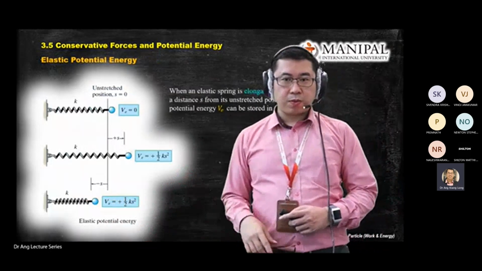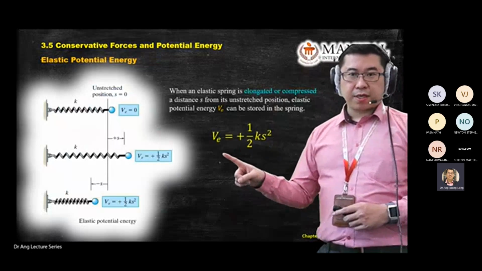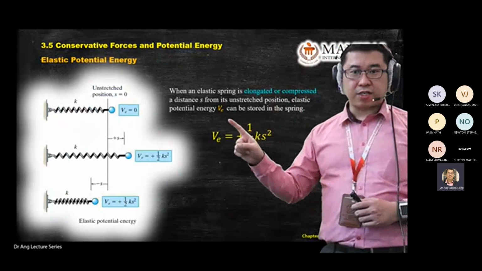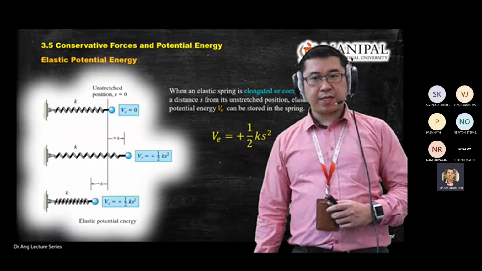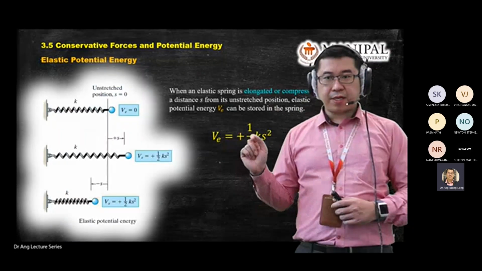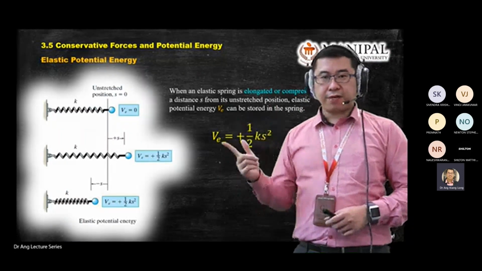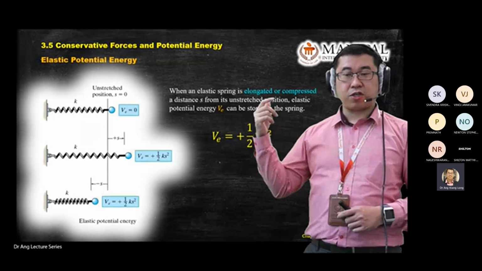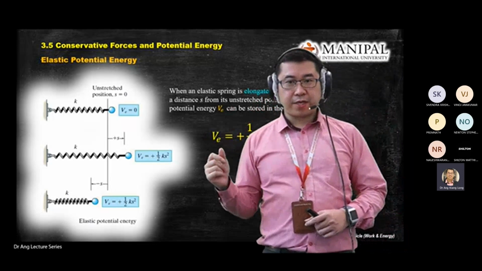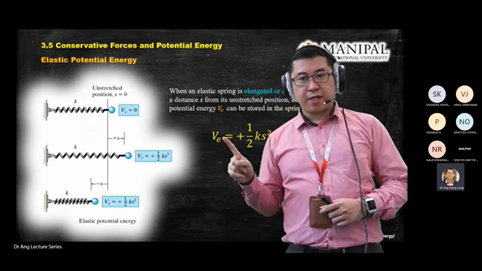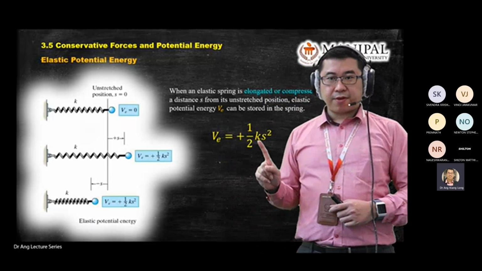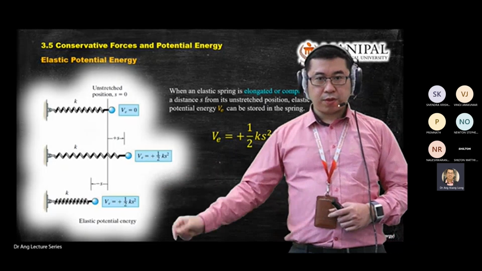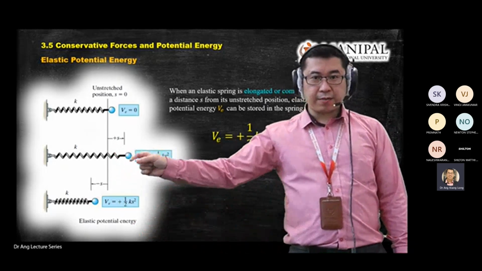So the derivation of spring energy, the potential elastic energy, we use V sub e, okay? Or in your test, if you forget the symbol, you can just write elastic potential energy or energy of the spring, equal to half k s squared. s is the displacement that you pull from the datum again. You see this line?